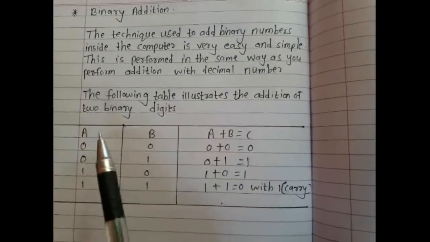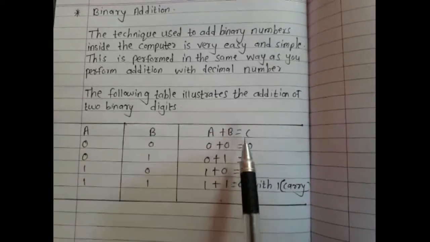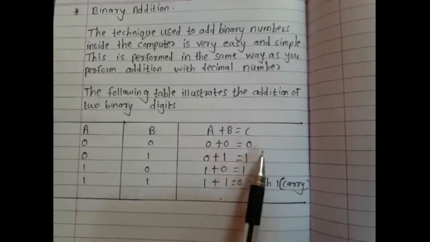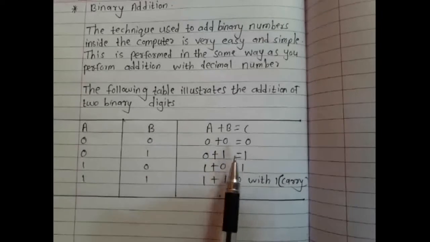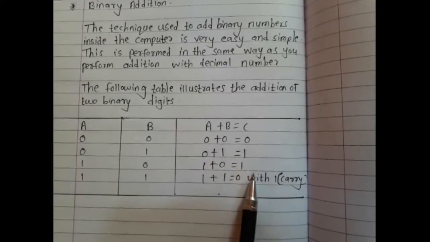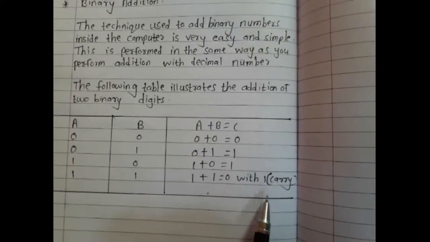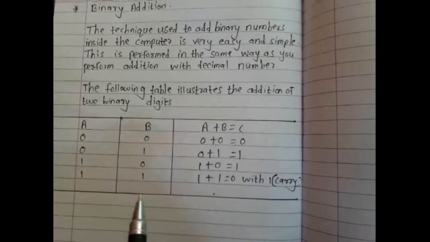Now see, some rules of addition are there. A plus B is equal to C. 0 plus 0 is equal to 0. 0 plus 1 is equal to 1. 1 plus 0 is equal to 1. 1 plus 1 is equal to 0 with 1 carry. You have to take 1 carry.